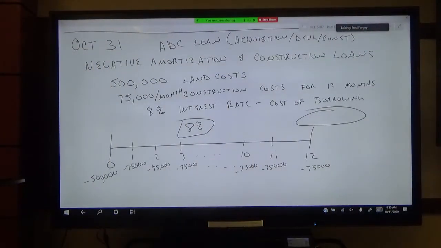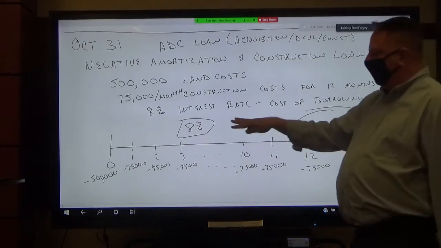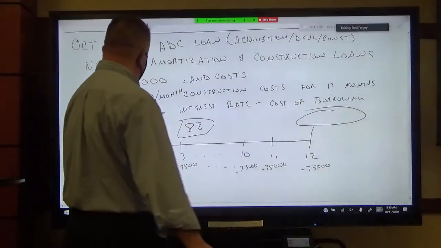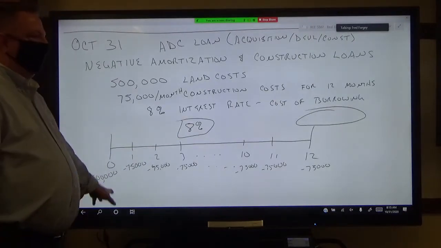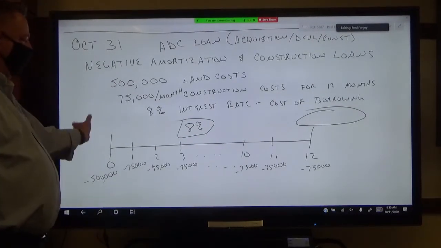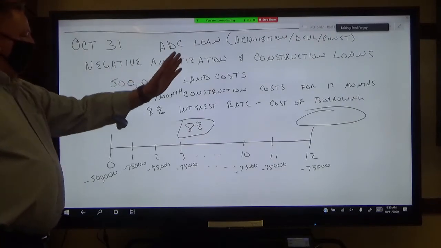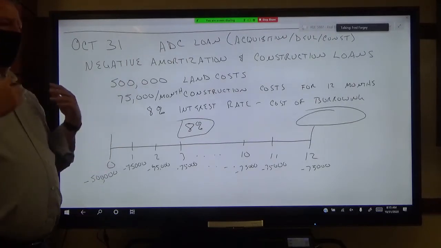Now, in this particular instance, I kept it relatively straightforward, and on the quiz this will be one of the more straightforward ones, in the sense that you're going to have consistent cash flows for all 12 months. You're going to have your initial cash outflow of the $500,000, and ultimately we are going to be solving for what?